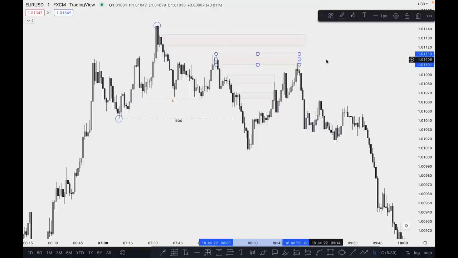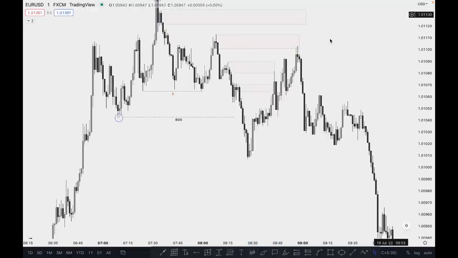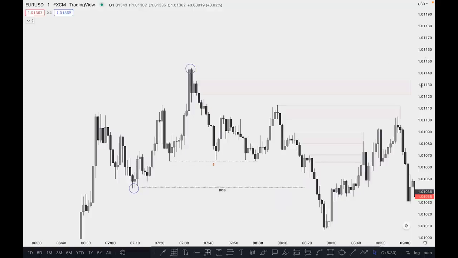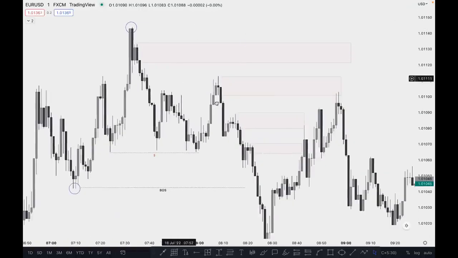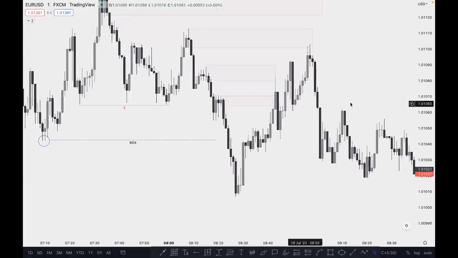Why does this order block work? What is the reason behind it? Let me show you exactly what the main reason is. Between the four order blocks, only one is working. Look at the left side. If I mark here on the top, I will start from here.